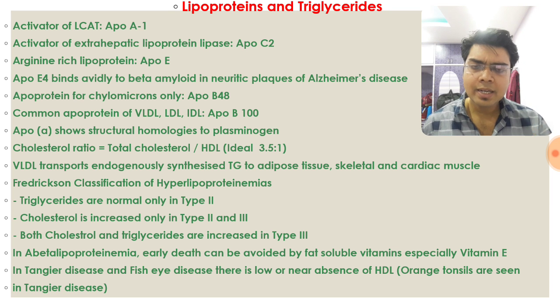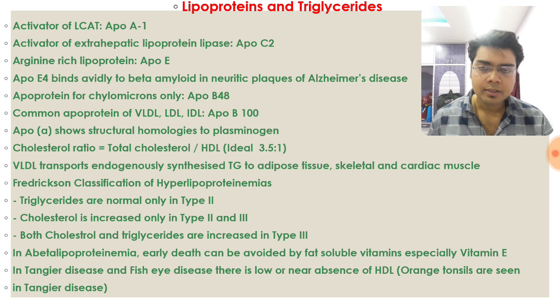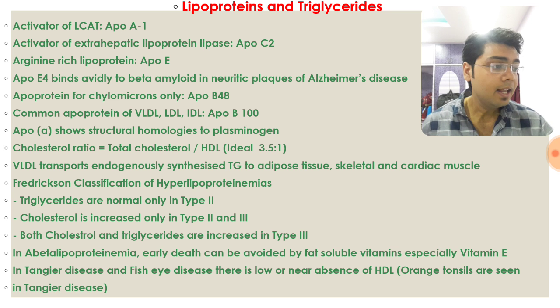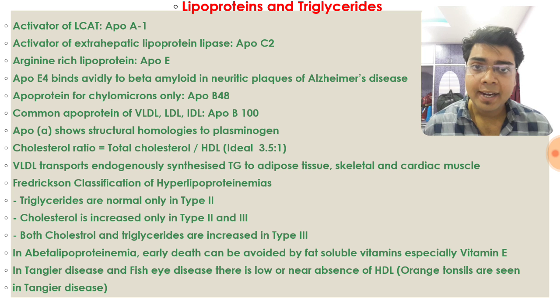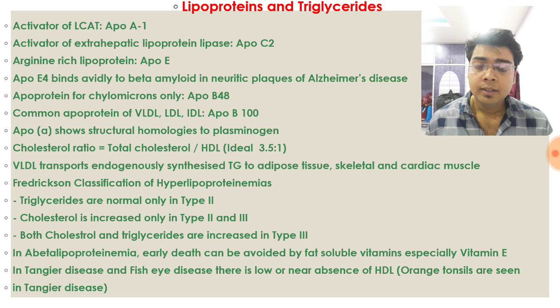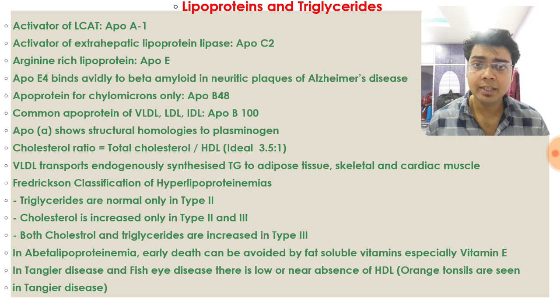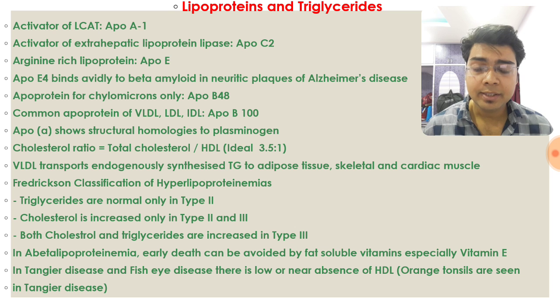I will tell you an easy method to remember this. Just remember that ApoA1 is the activator of LCAT, that is lecithin cholesterol acyl transferase. Now what do ApoA2 and C3 do? ApoA2 and C3 inhibit lipoprotein lipase.